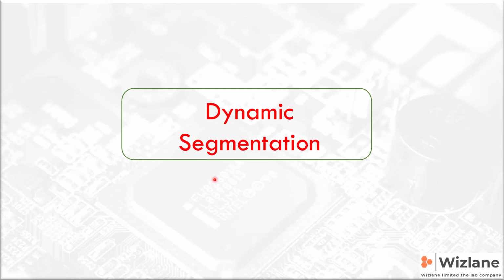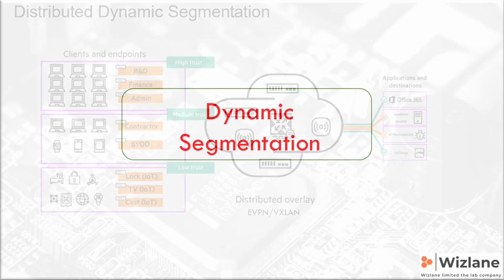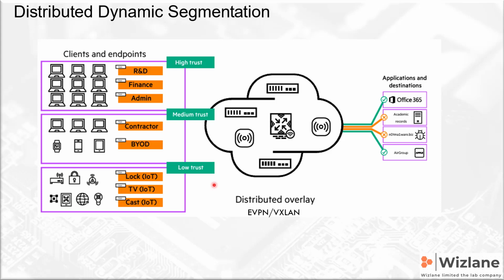In dynamic segmentation, you can have what's called distributed dynamic segmentation, and this term refers simply to VXLAN, using EVPN, Ethernet VPN, and VXLAN.